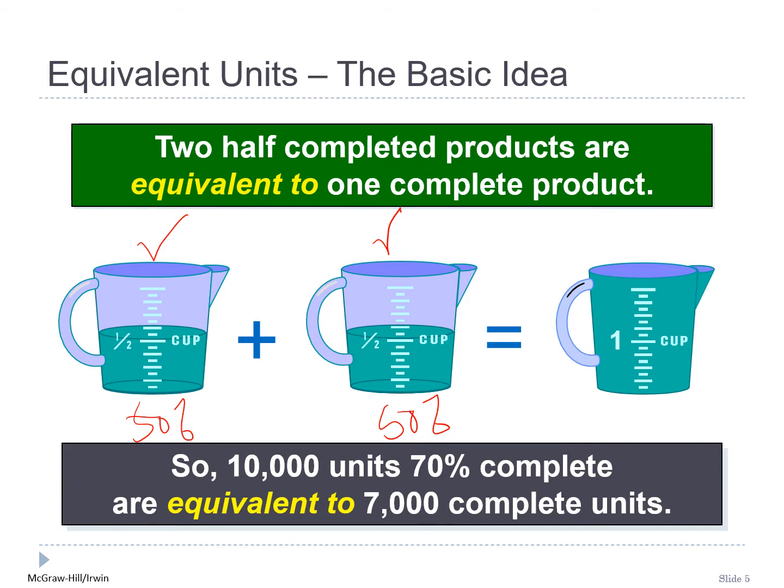So, 1 times 0.5. So, this is 0.5. So, 1 actual unit times 50% percentage of completion. That's another 0.5. So, ang EUP mo is 1. Yan. So, kumbaga, since 50% ng effort for the two actual units, ang equivalent units niyan, para magamit natin to compute for the cost per unit will be 1 or 1 cup.